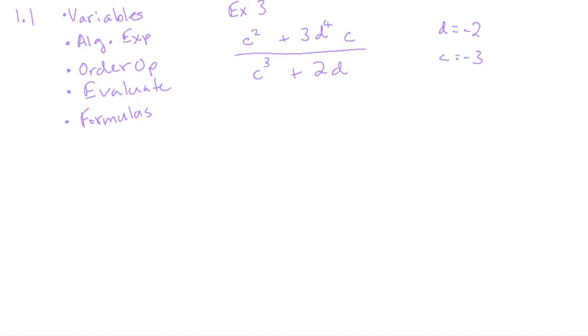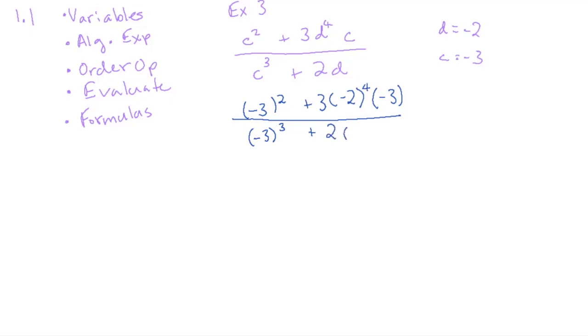So we're going to have -3 squared plus 3 times -2 to the 4th power times -3, all over -3 to the 3rd power plus 2 times -2.